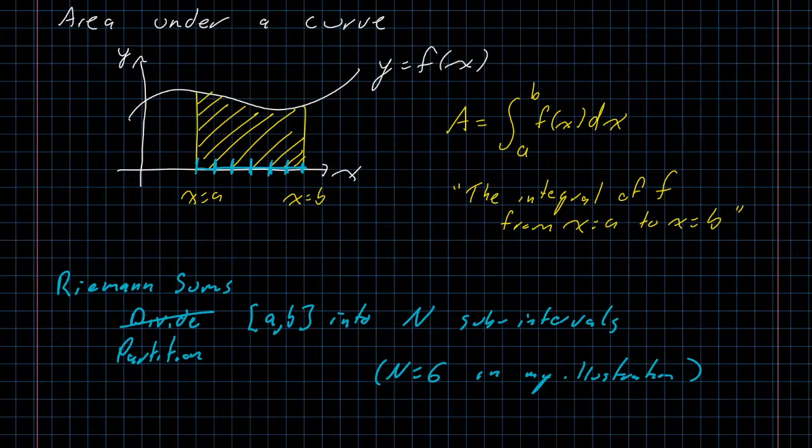For each of the endpoints of this, I'm going to draw a vertical line that comes up and touches the function. And I'm going to use that vertical line to draw a rectangle.